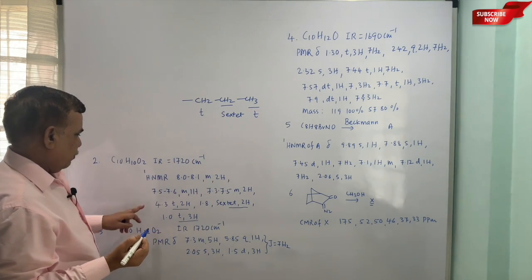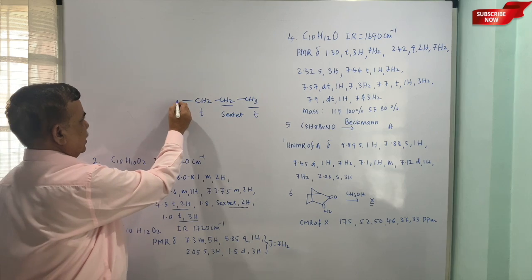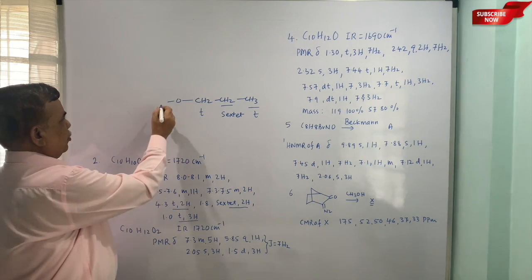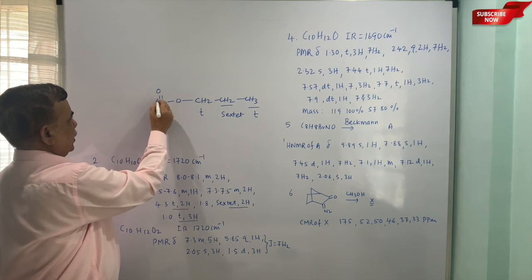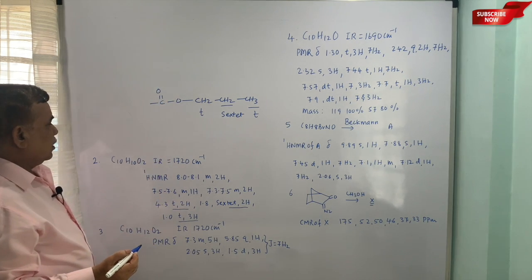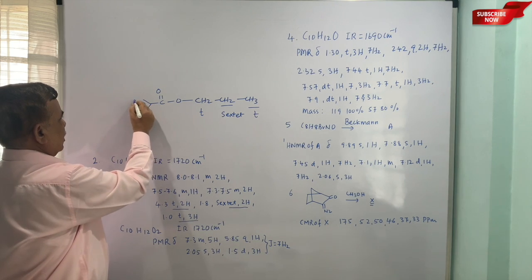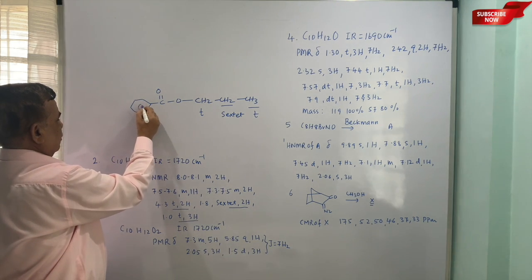Now, 4.3 will suggest the reverse conjugation here, and then your aromatic ring should come later.